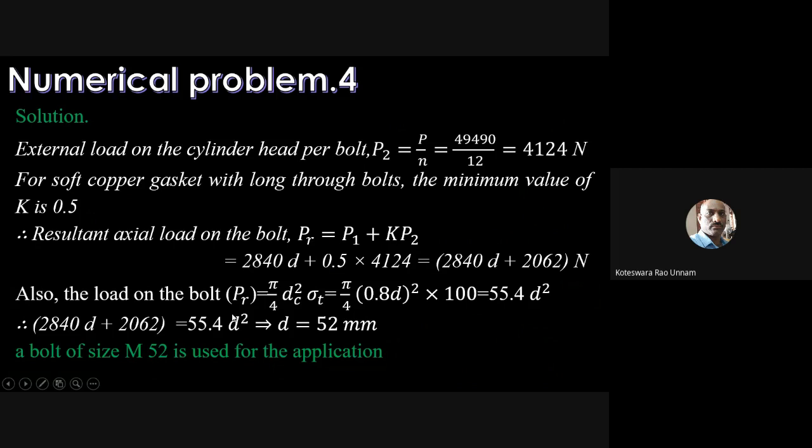Okay, so like this, you can solve problems on bolts when they are subjected to initial tightening, or when they are subjected to only external loads, or when they are subjected to a combination of initial load plus external load. Now with this we completed this part.